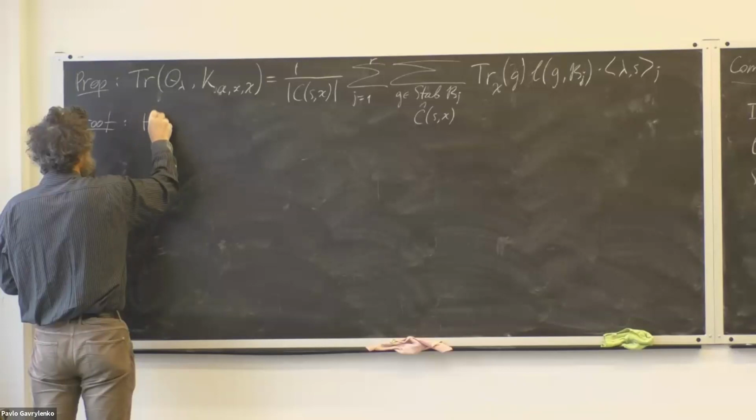And that is the sum of induced representation from the stabilizer of a component to the whole component group of the homology of this particular component.